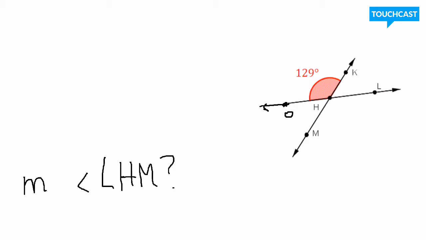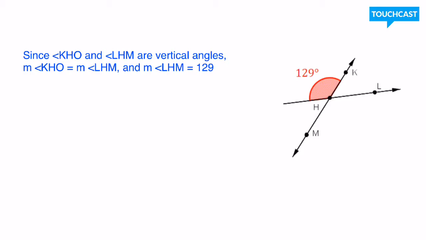You would probably just say something like, since angle KHO and angle LHM are vertical angles, then the measure of angle KHO equals the measure of angle LHM, and therefore the measure of angle LHM equals 129.